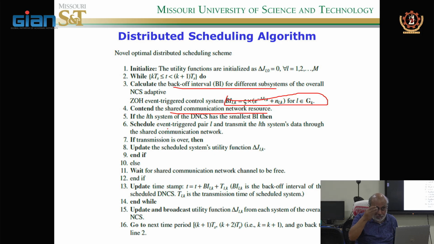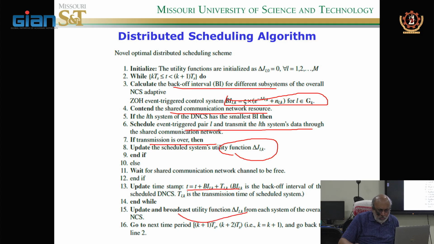You find the subsystem that has the smallest back-off interval, and that is used to transmit. It transmits the data. After the transmission is over, you update the utility function. Once you update it, you update the time, and then again you broadcast all the utilities, and you go back to the next sampling interval.